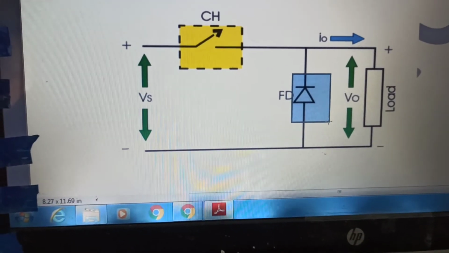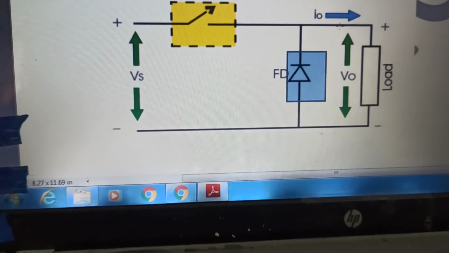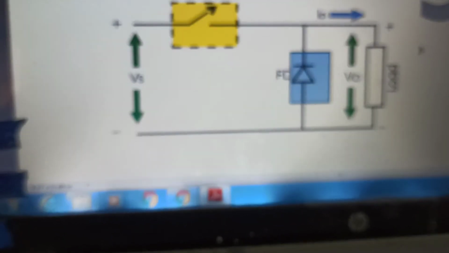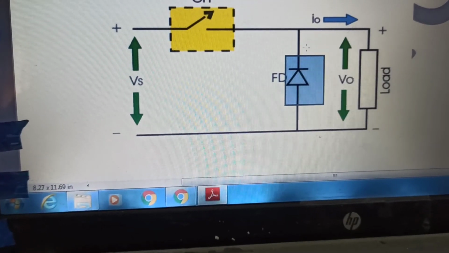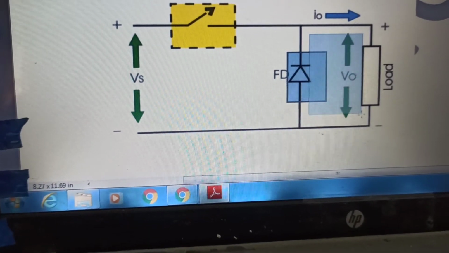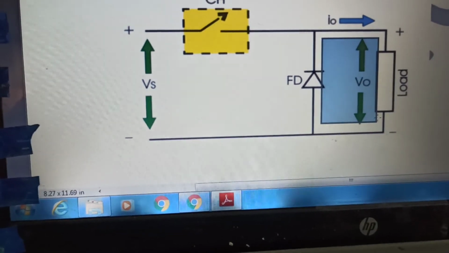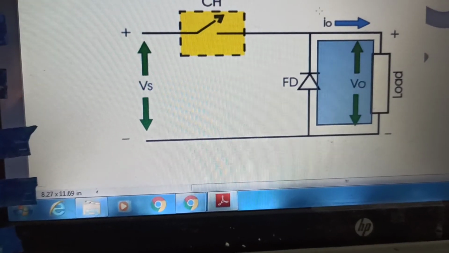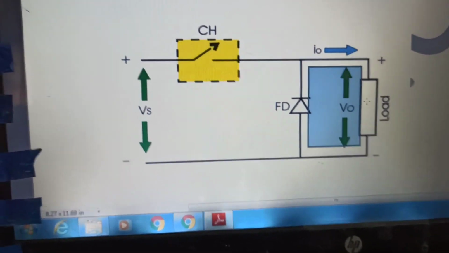This diode will facilitate the discharge of inductor's energy in this loop. Have a look at this. This is the loop. It will go from here, it will go like this. This is the loop that will be covered. And in this loop, the energy will get dissipated.